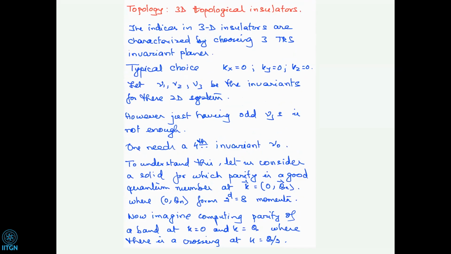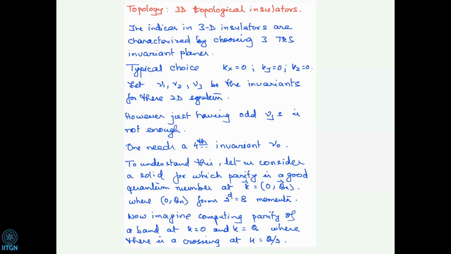First, you choose 3 planes which characterize your volume of this 3D system, and the way to choose these planes is such that they are their own time-reversal counterparts. For example, if I take a plane kx equal to 0, it has all points which are (0, ky, kz).